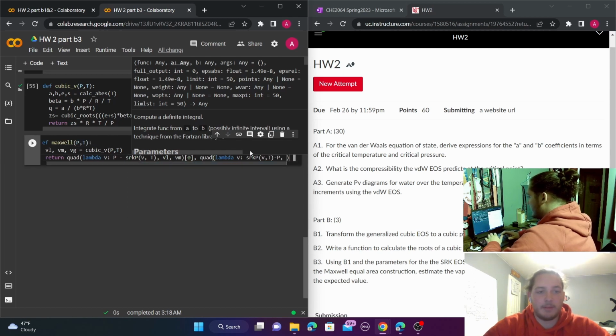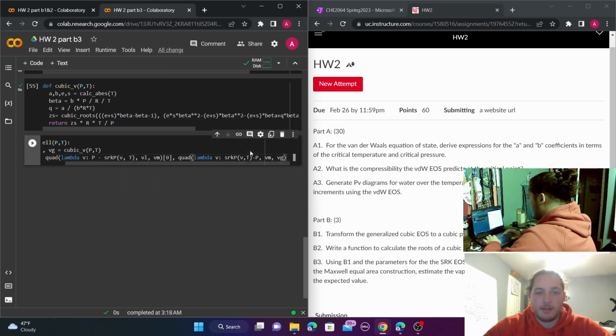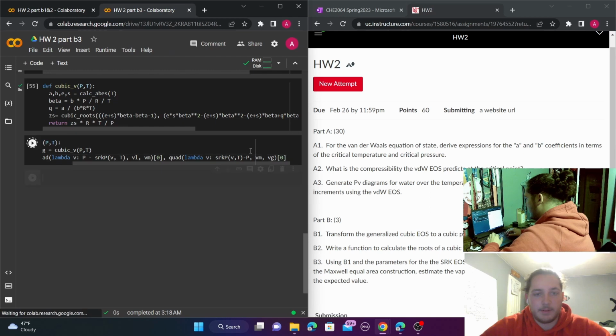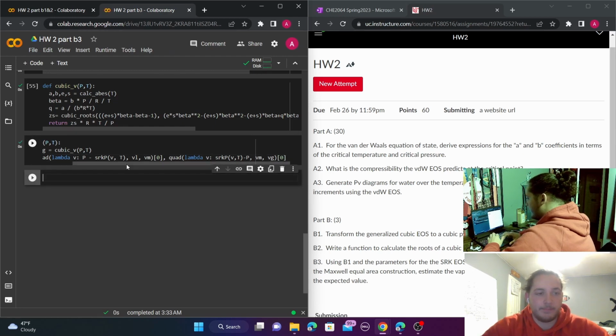And our parameters for this one are going to be VM and VG. And then once again, brackets 0. Shift enter.